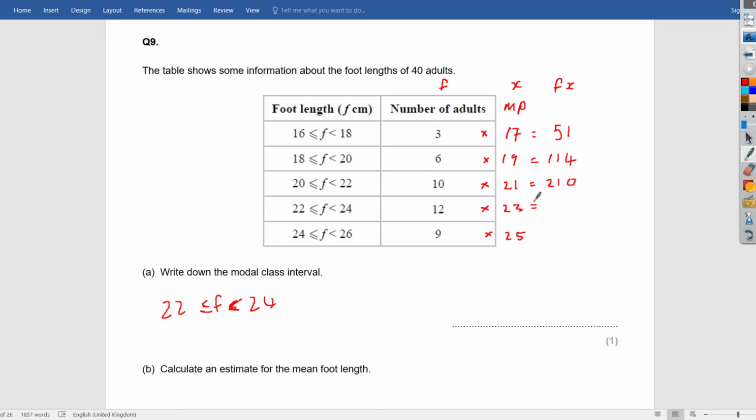Do 12 times 23, you'll get 276. And if you do 9 times 25, you will get 225.